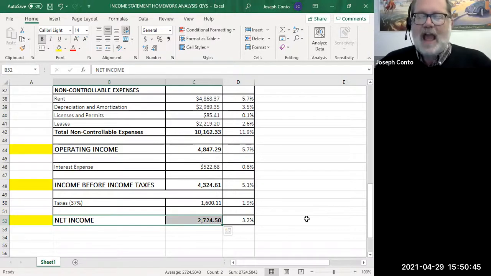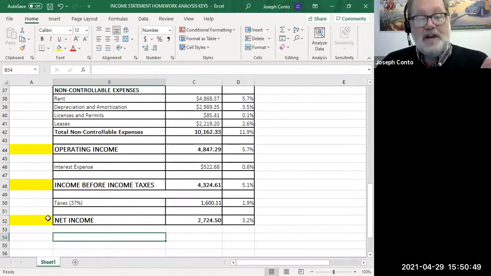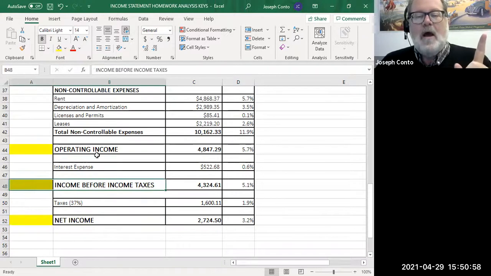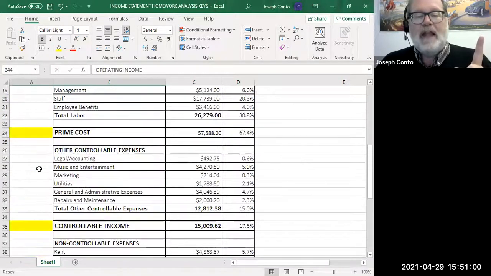This is how much I actually have left at the end of the day. So I would like you to know the difference between my revenue line items, my expense or cost line items, these net income, operating income, or profit line items.